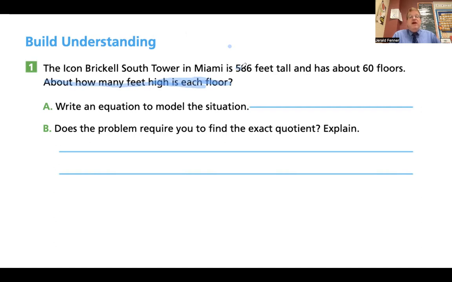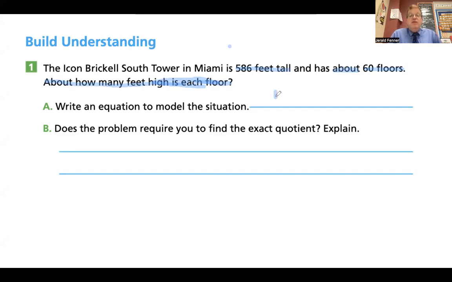We know that we have 586 feet tall. That's the size of the building. And there's about 60 floors. And once again, we see the word about. So the first question says, write an equation to model the situation.